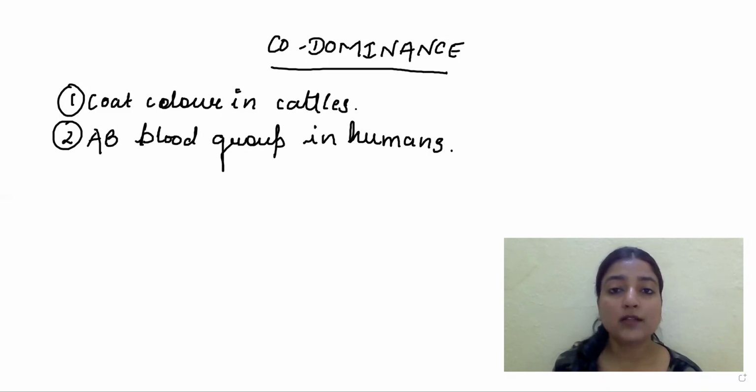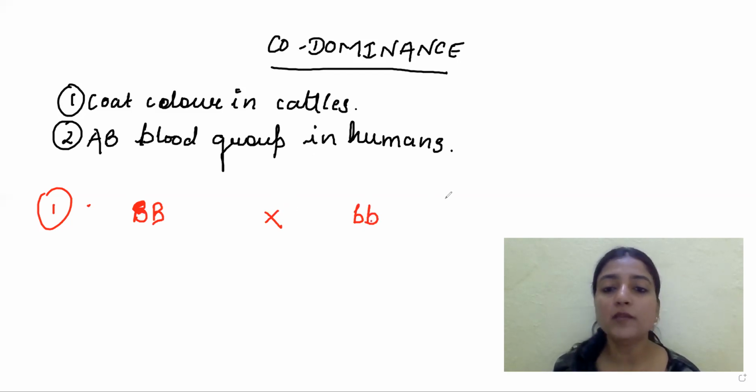So let us start with the first, that is the coat color in cattle. There are two genes responsible for the coat color. We are taking here capital B and small b. So we are taking the pure lines.